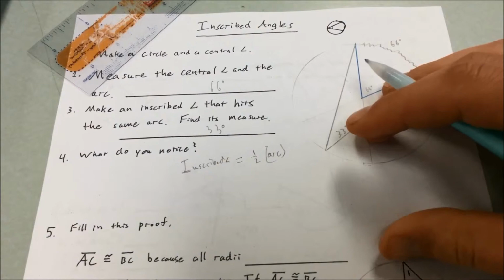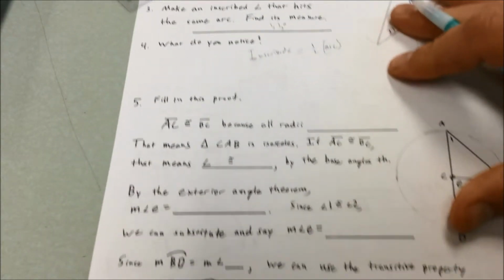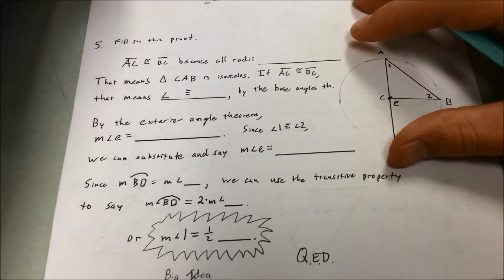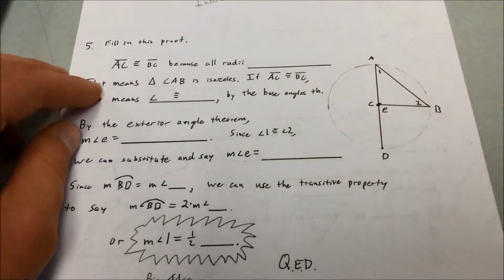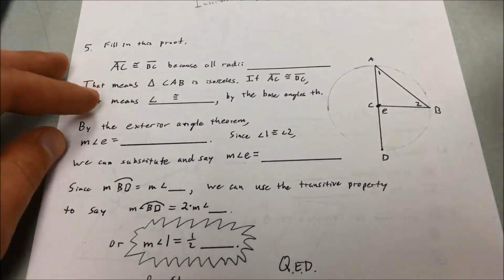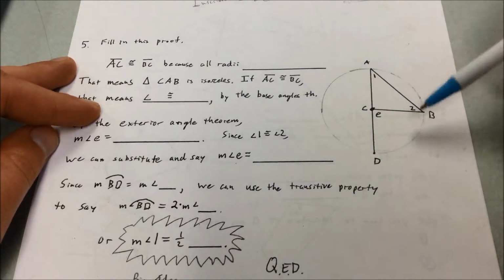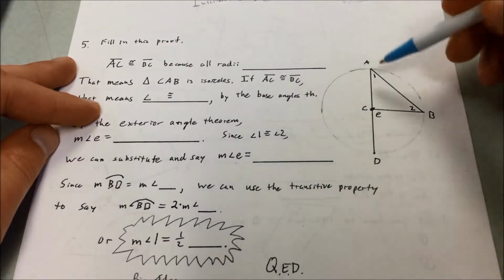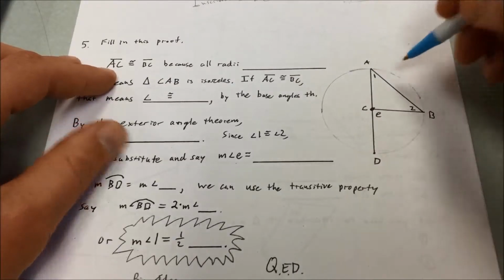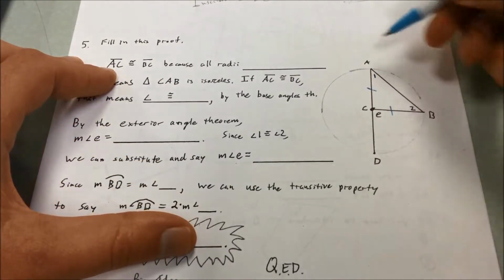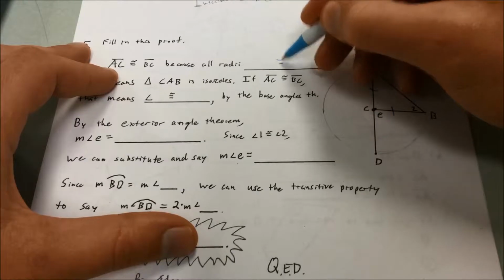So let's scoot this up here a little bit. And I'm just going to fill in this proof here. I'm going to prove that angle 1 is half of this arc right here. I'm going to start off with AC is congruent to BC, because all radii are congruent.